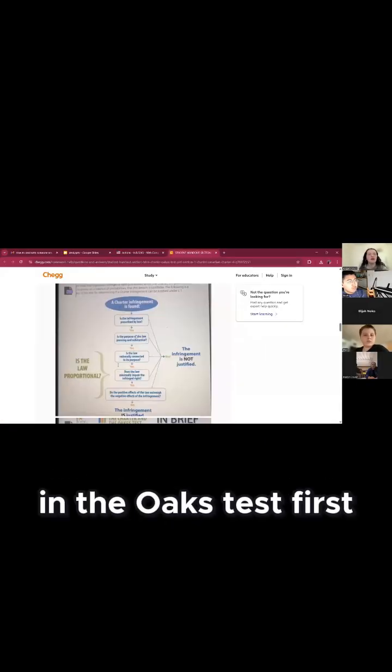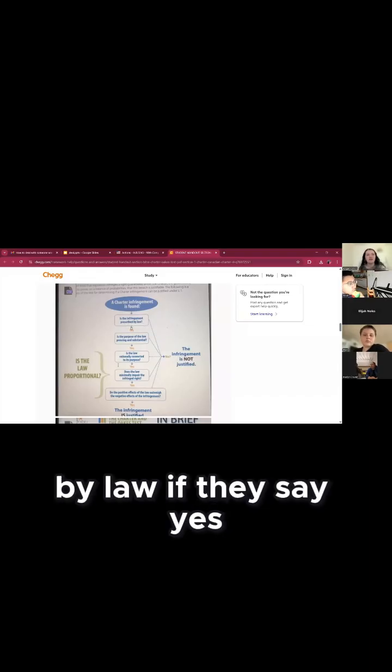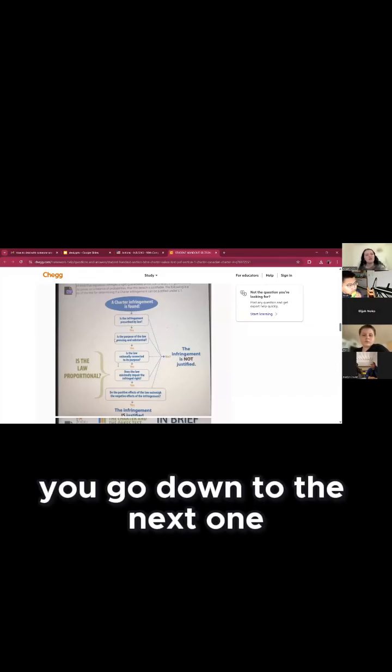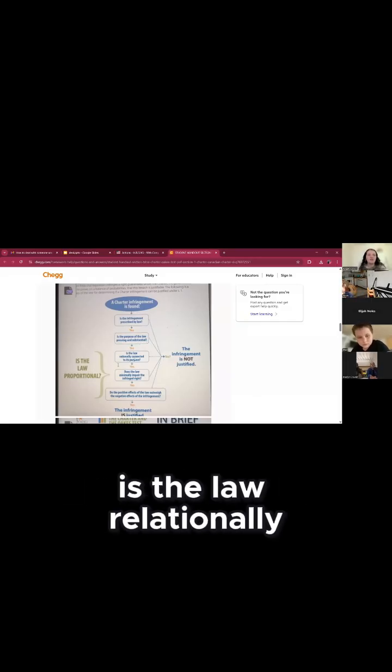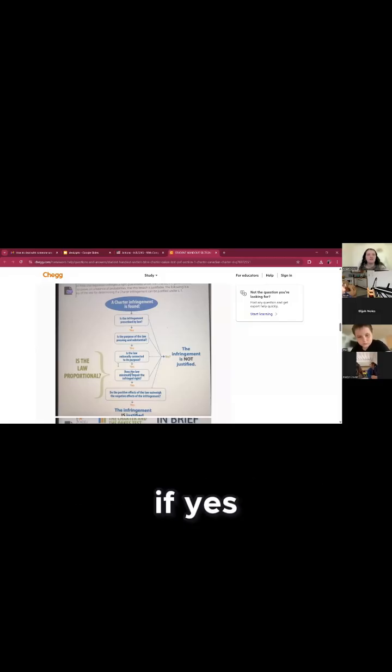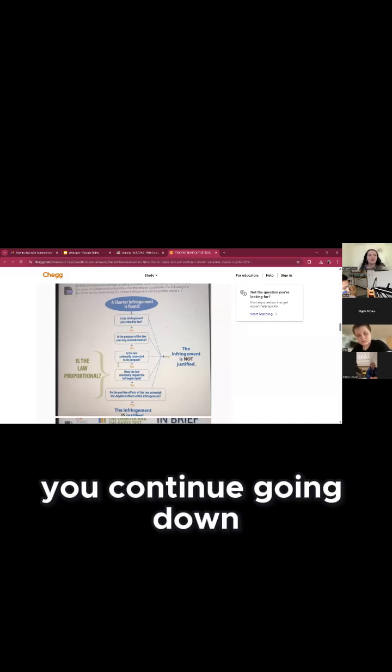In the Oakes test, first they look at, is the infringement prescribed by law? If they say yes, then you go down to the next one. Is the purpose of the law pressing and substantial? Is the law rationally connected to its purpose? If yes, you continue going down. Does the law minimally impair the infringed right? If yes, you continue going down.